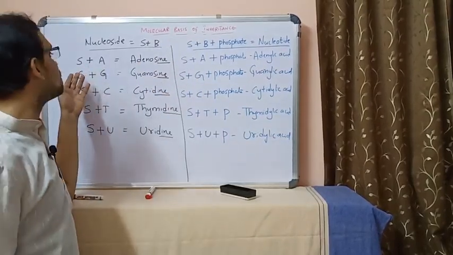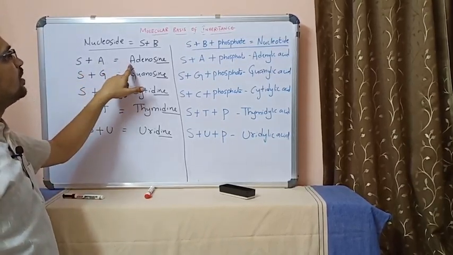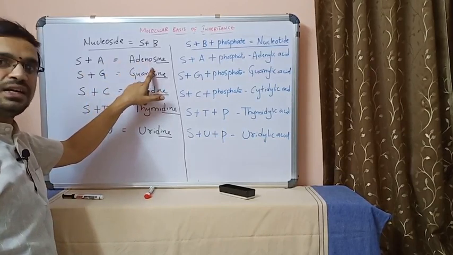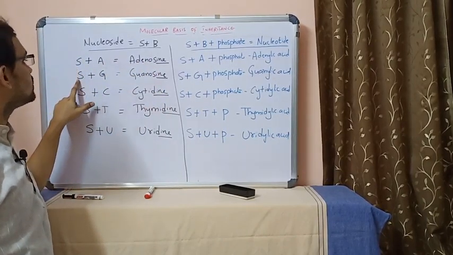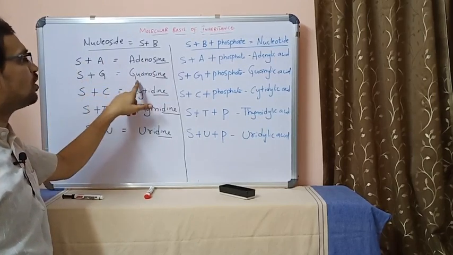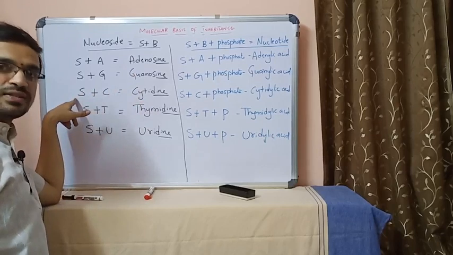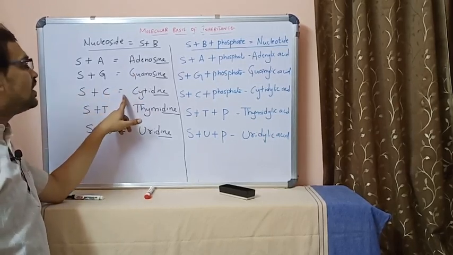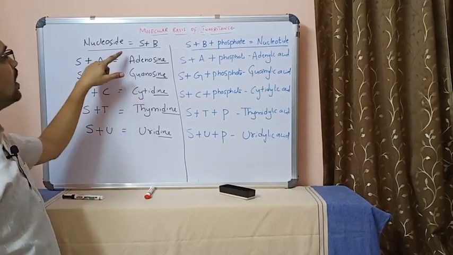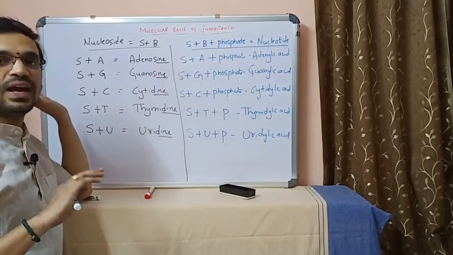Here also same, in case of nucleosides, 3 different types, that is deoxyadenosine if the sugar is deoxyribose sugar. If the sugar is deoxyribose sugar and guanine is there, then it is called deoxyguanosine. Same, if the sugar is deoxyribose sugar attached to cytosine, then it is called deoxycytidine. So adenine, guanine, cytosine are common in both DNA and RNA.